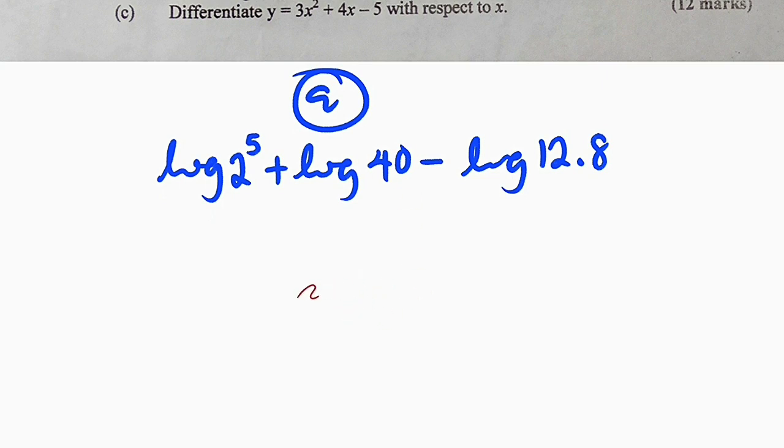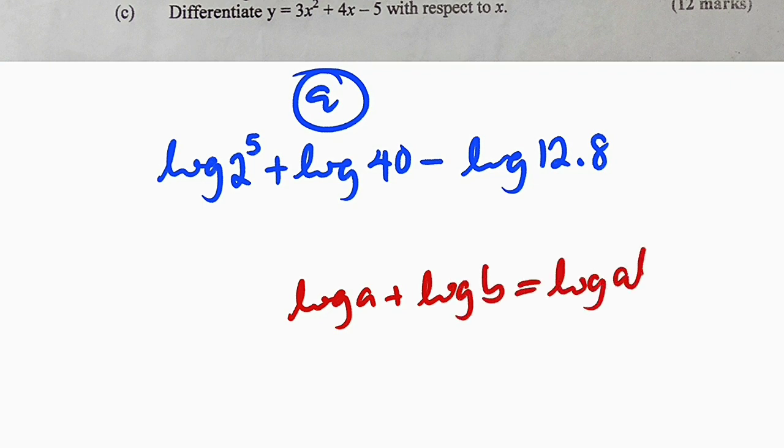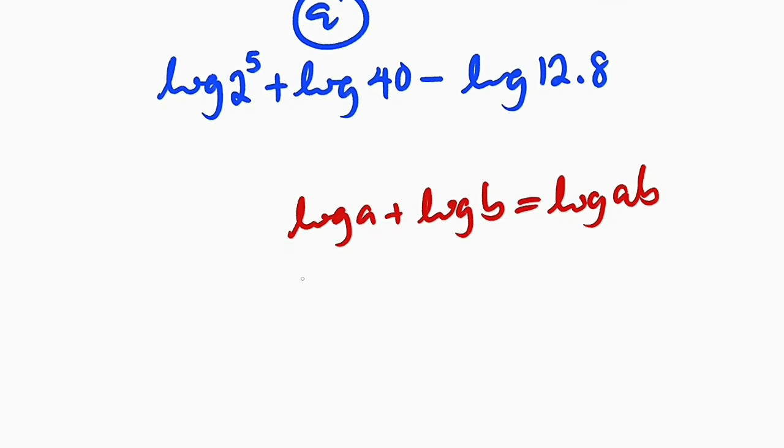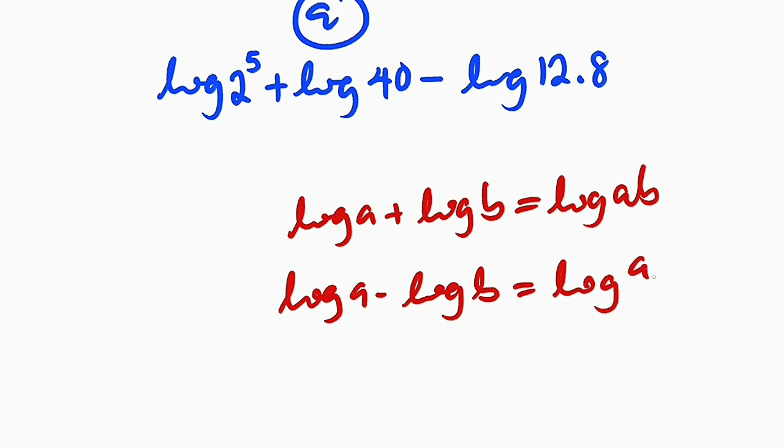According to one of the laws of logarithm, if you have log of a plus log of b, this is the same thing as log of a times b if it is addition. And for subtraction, if I have log of a minus log of b, this is the same thing as log of a divided by b. So where we have addition, we multiply the arguments, and where we have subtraction, we divide.